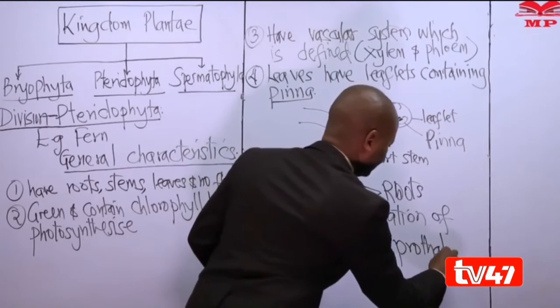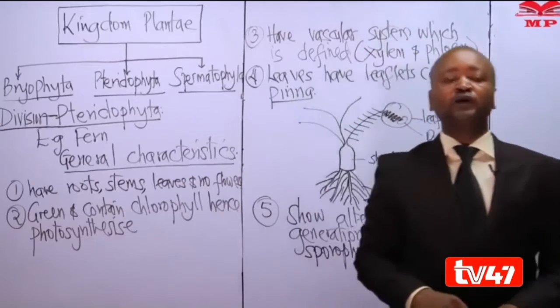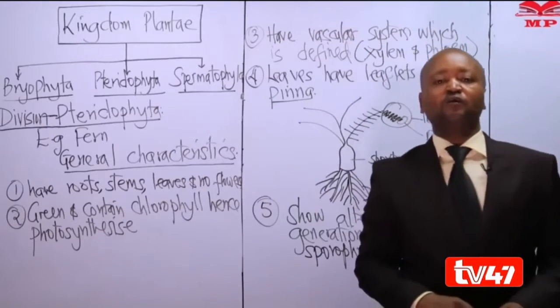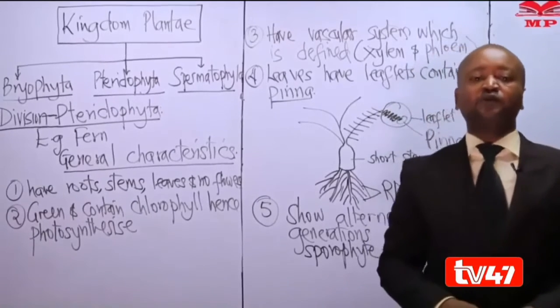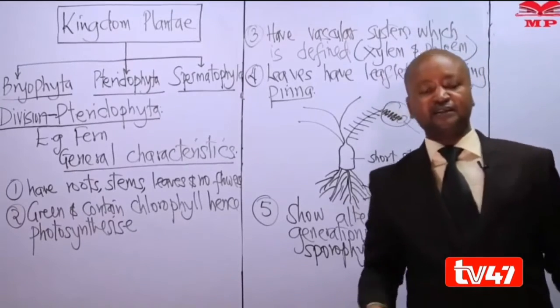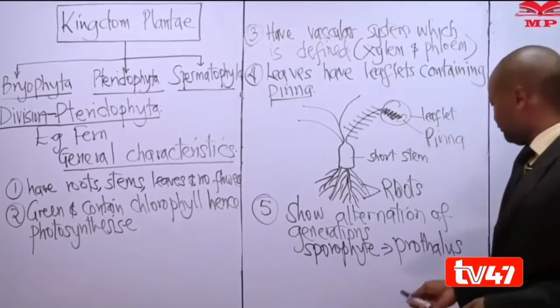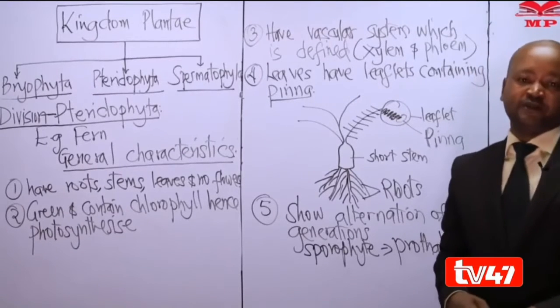Prothallus, remember last time we said a prothallus is a structure which is not organized into any specialized tissues or structures. So there are no structures. We don't have the cell organelles. It is just a structure. So it has a prothallus which is heart-shaped.